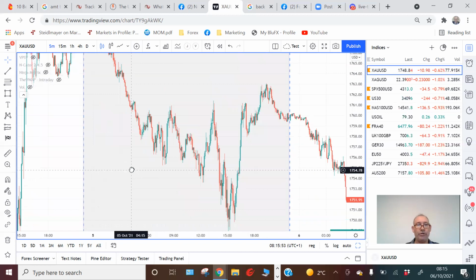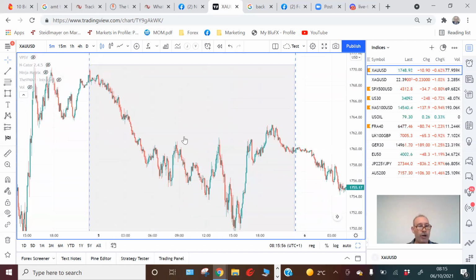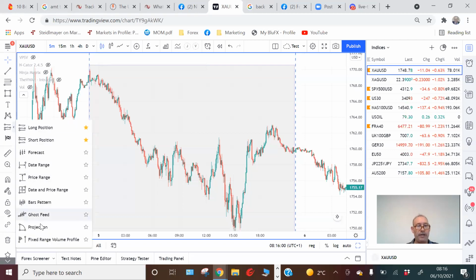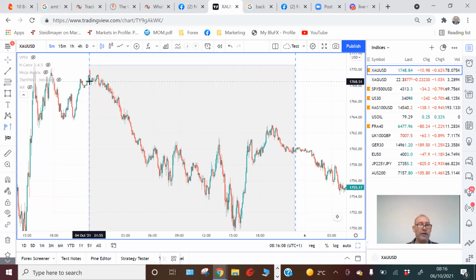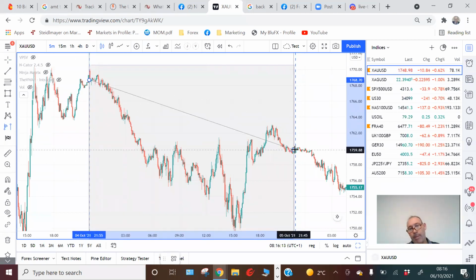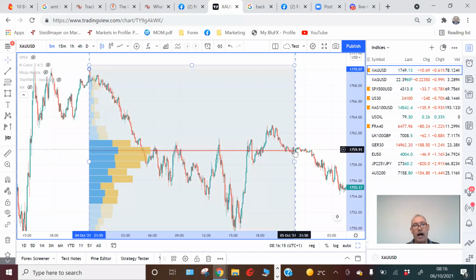So what you would do, you would go over here, and you look down here for something called fixed range volume profile. I'll compare it, and you go from here, just edit from there to the end. Yeah, and we get a line.